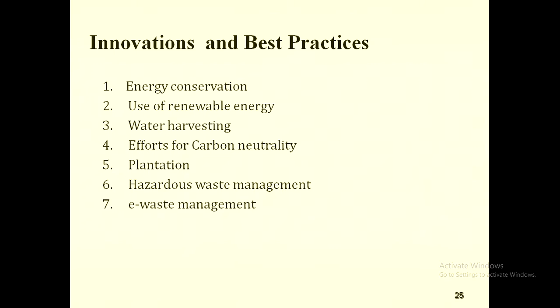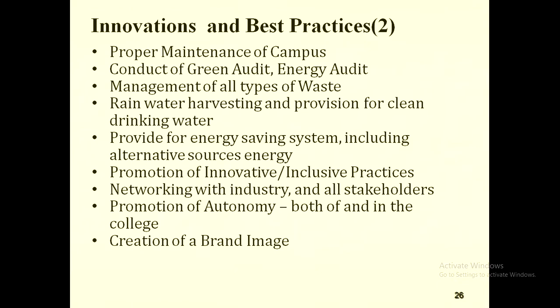Whether we have increased the tree plantation, Swachh Bharat Abhiyan, Unnat Bharat Abhiyan, whether we are participating and submitting reports and coming up with some innovative projects or not. So everything is being taken care of. And proper maintenance, whether we are conducting the green audit, energy audit, providing energy saving systems including alternative sources of energy, promoting innovative and inclusive practices, networking with industry, all stakeholders, and promotion of autonomy.